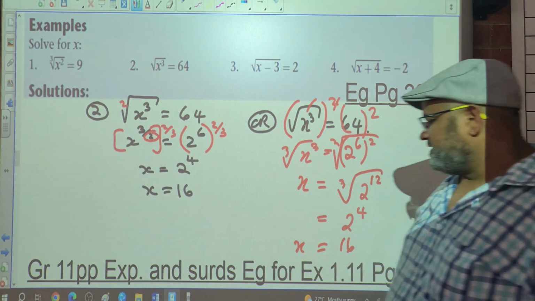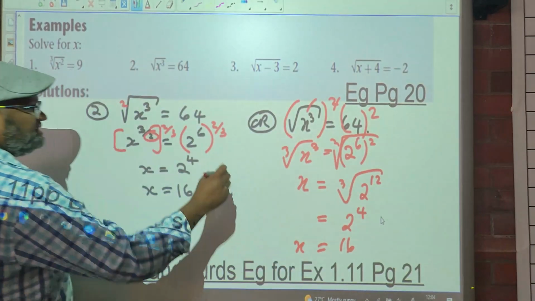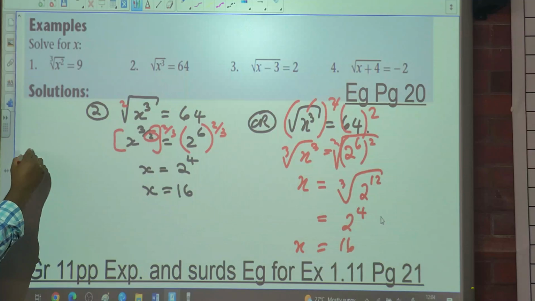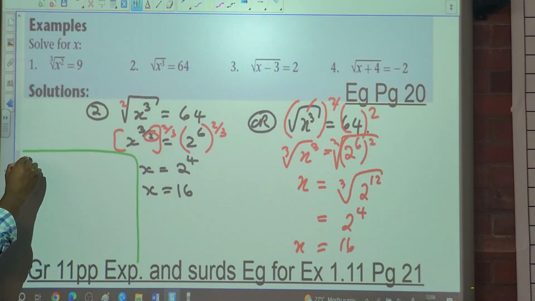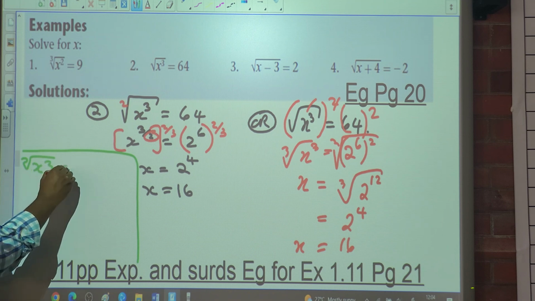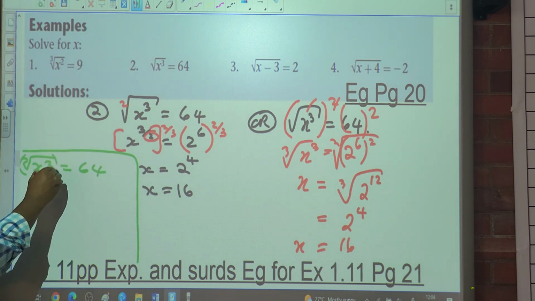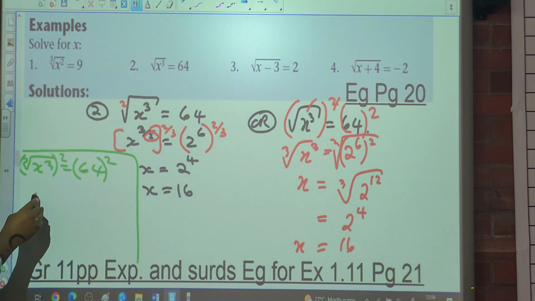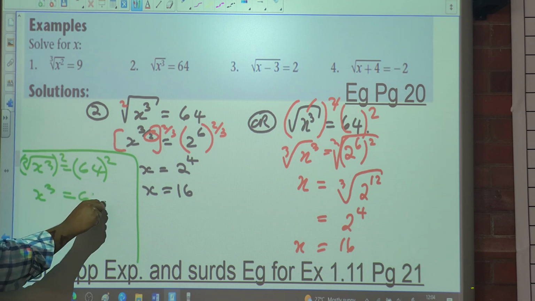Otherwise I could have done it without even writing that as 2 to the 6. The square root of x cubed is equal to 64. I square both sides. So x cubed is equal to 64 squared.